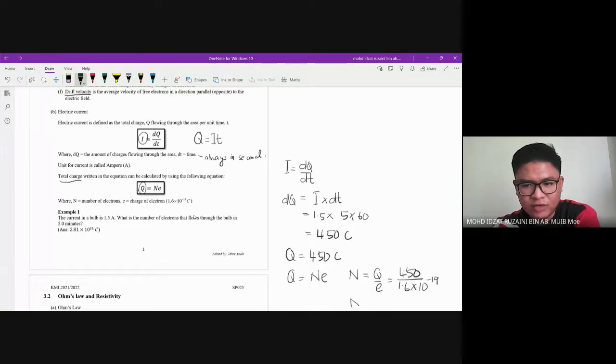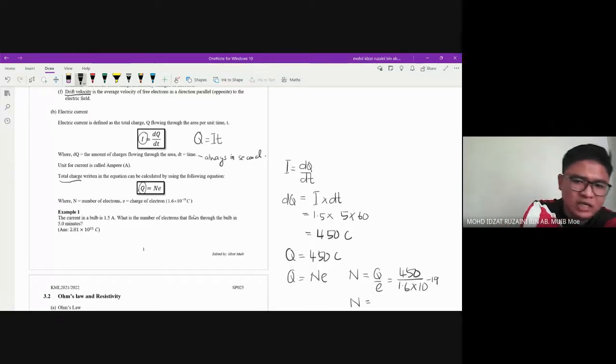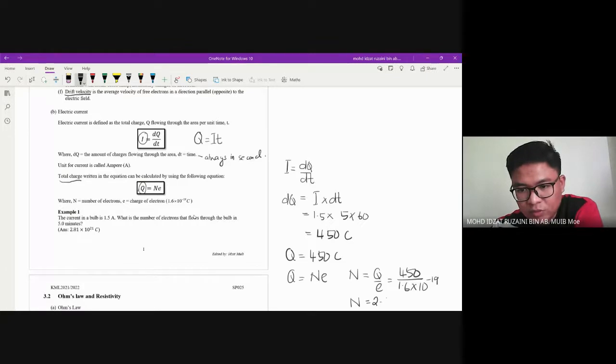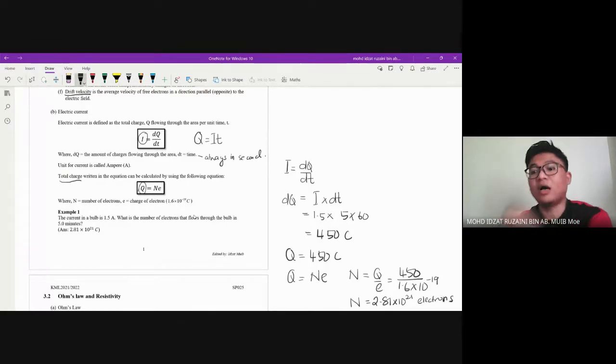The number of electrons is 450 divided by 1.6 times 10 to the power of negative 19, and you get 2.81 times 10 to the power of 21 electrons.